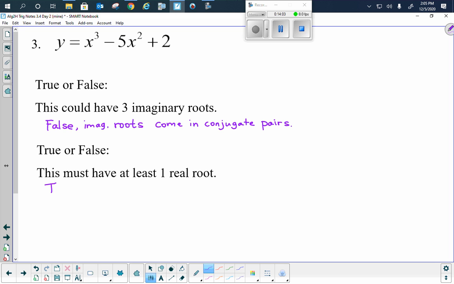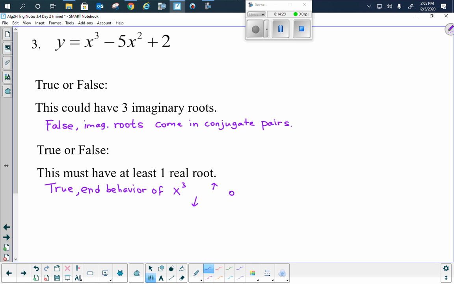Hopefully you're thinking this is true, and maybe you're showing something about the end behavior of x cubed, explaining that it would look something like this, and therefore it would have to cross the x-axis somewhere in there.